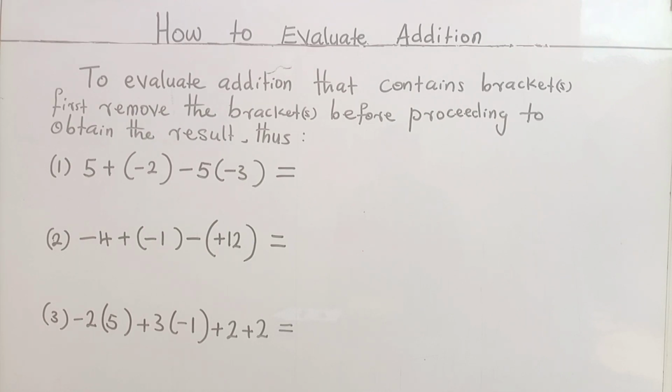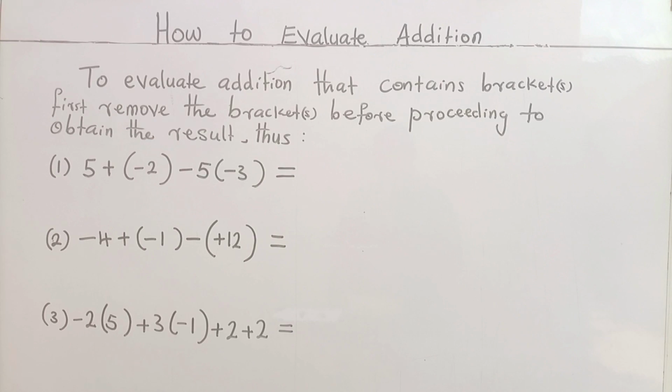To get the brackets off does not just mean to remove the bracket. You don't just come here and wipe off the bracket and say you have removed the bracket. So when we say remove, we mean get the bracket off using a mathematically acceptable practice or procedure.